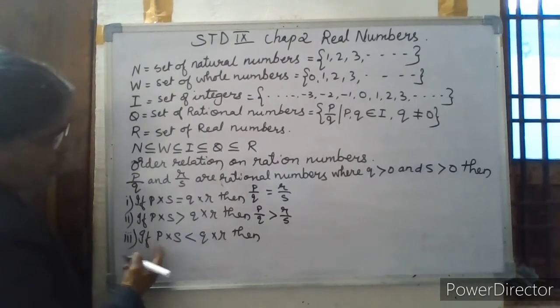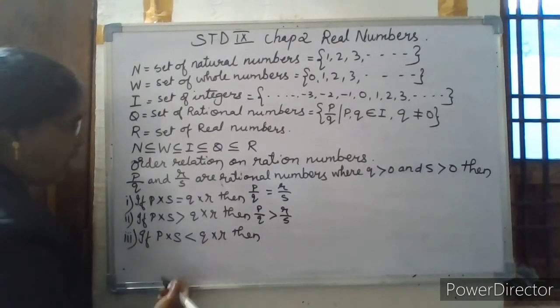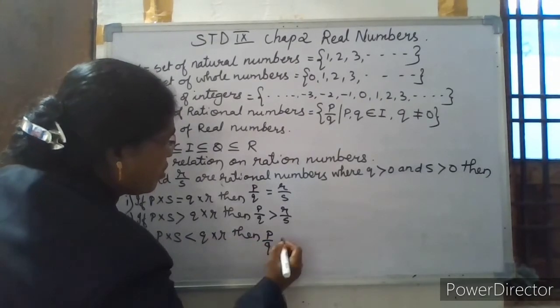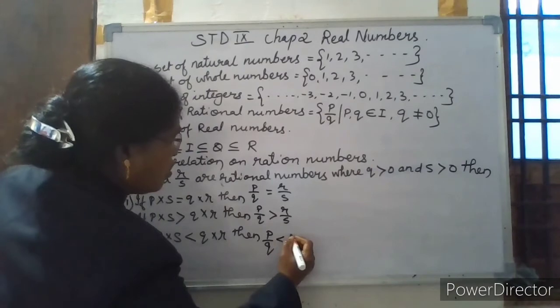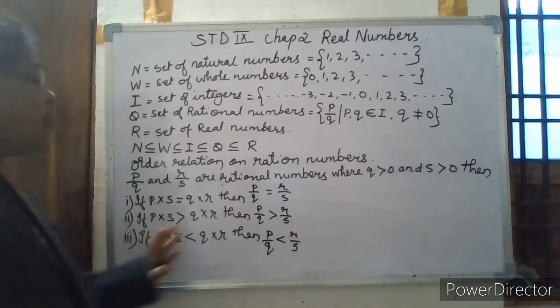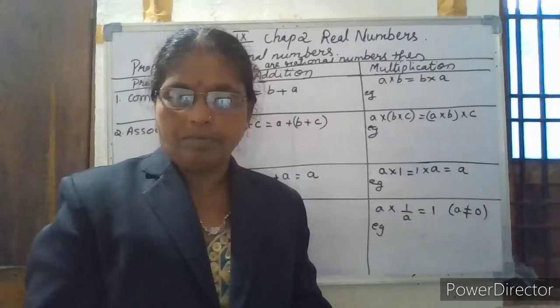And if p into s is less than q into r, then p by q is less than r by s. In this way, we can compare the rational numbers.